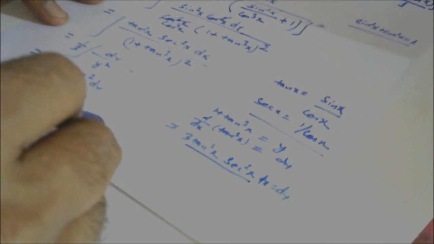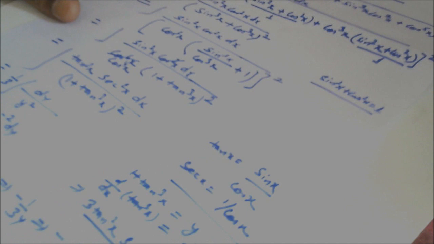Minus 2 plus 1 is minus 1, so it becomes minus 1 by 3y, because y to the power minus 1 is there.